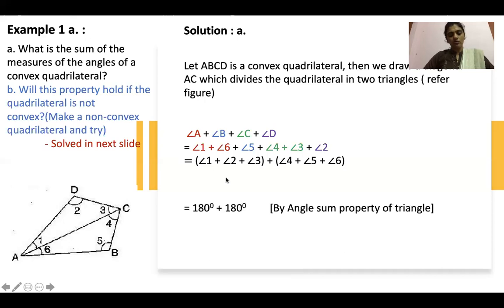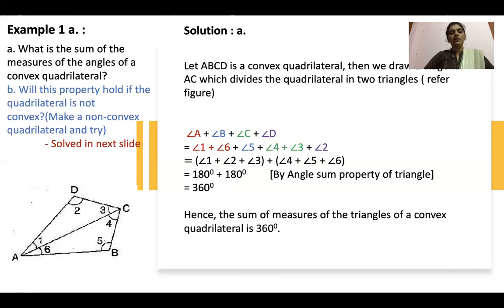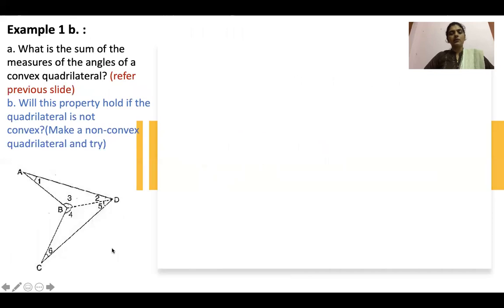As we know, by the angle sum property, the sum of the interior angles of a triangle is 180. So this sum is 180 and this is also 180. Here we got 360 as the sum of the angles of the convex quadrilateral. Hence the sum of all the angles of a convex quadrilateral is 360.